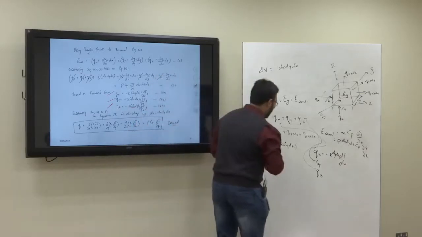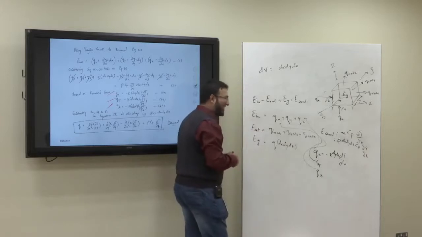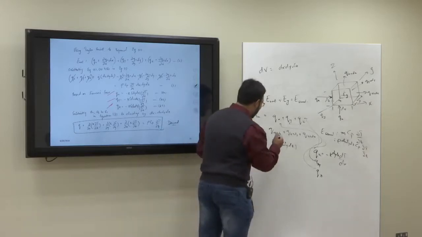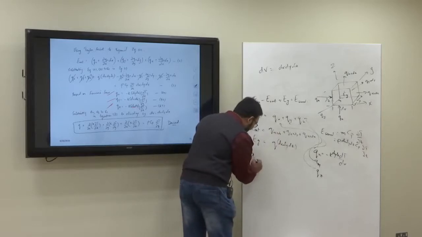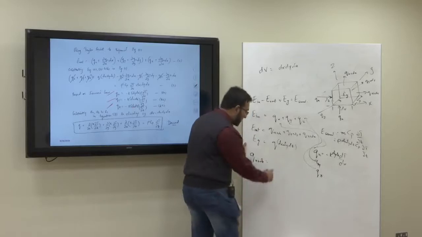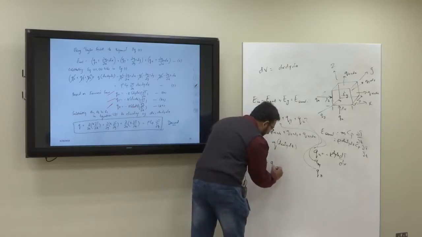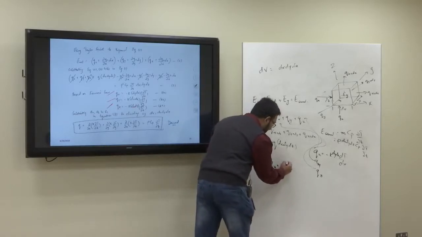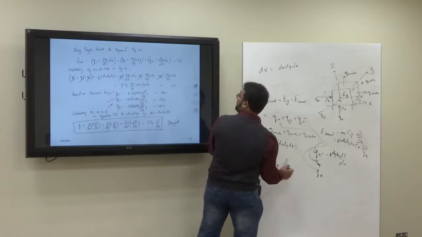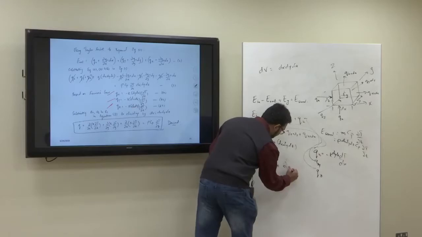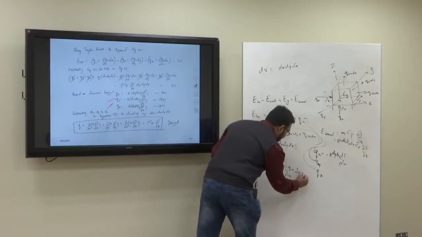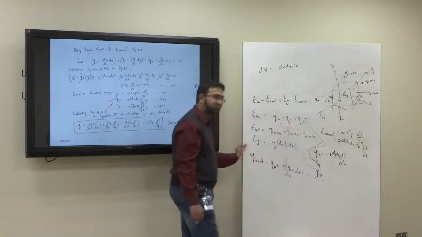Okay. Anyways, this is the expansion. We can write the term qx plus dx in Fourier expansion as qx plus dou qx upon dou x times dx, and then plus many terms.